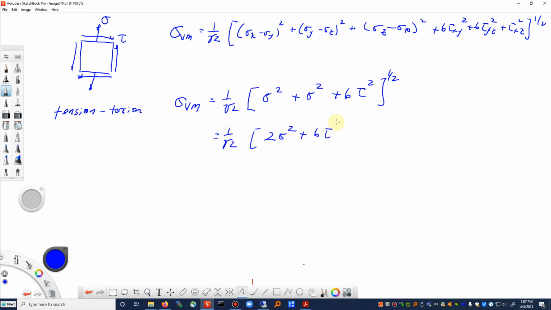We have 6 tau squareds. I can take this and bring it inside of the square root. And so if I wanted an equivalent stress in tension as it is in torsion, well, every sigma is worth square root of 3 tau.